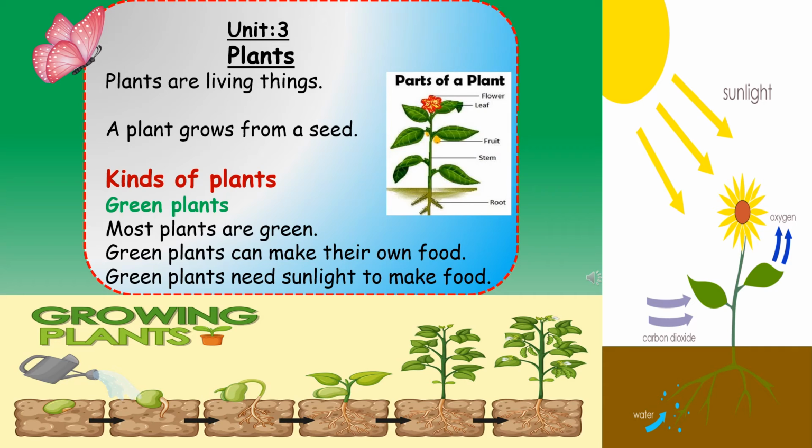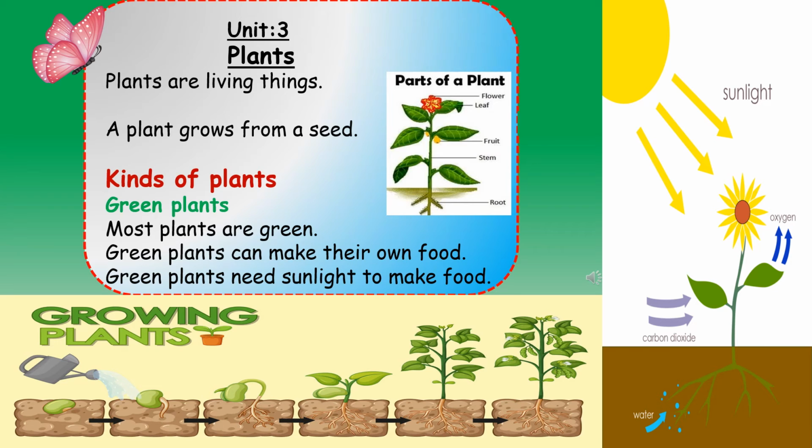Green plants use this sunlight, this light energy, to change water, when you are pouring water to the plant, and carbon dioxide which is present in the air, into oxygen gas. Carbon dioxide and oxygen are two gases.